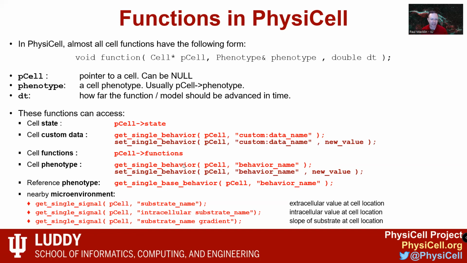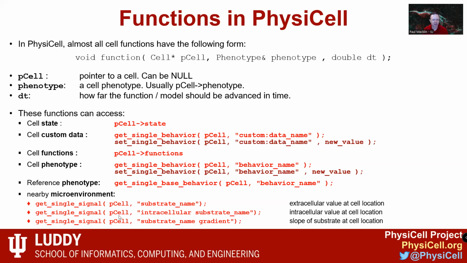And you can access your cell definition to get a reference value. You may have your current cell proliferation rate in your single cell, but maybe you want to resync it to the reference value from your cell definition. This is how you would access that value. You can also use easy functions to sample the microenvironment. So you can say get single signal, the cell, and then the name of the substrate.